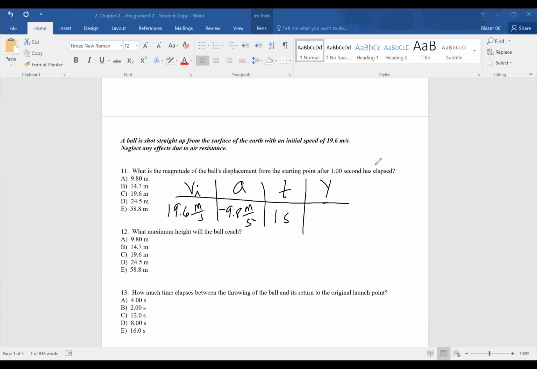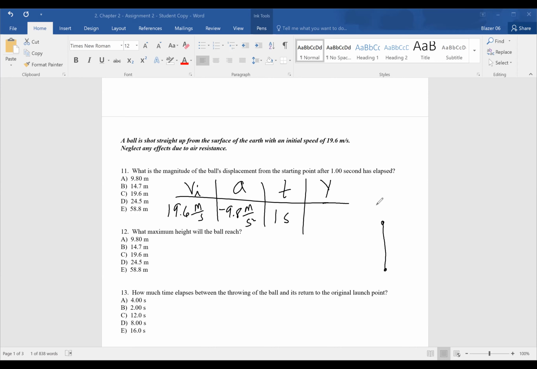Then the next question says, what maximum height will the ball reach? Now, in this case, I know that v final is 0 because it has reached its maximum height. But in the first case, I do not. I want to just know how far has it gone up after 1 second. So you see the difference in that?